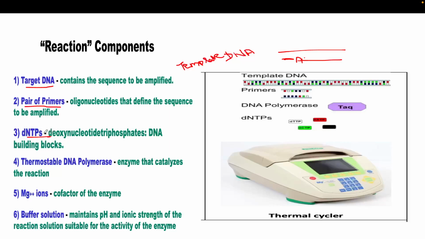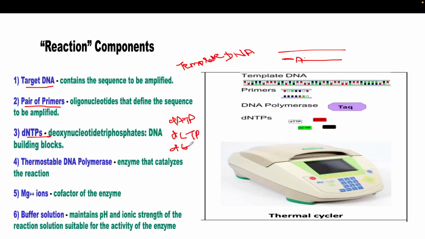That's why we require the dNTPs. They are the individual nucleotides, like dATP, then dCTP, then dGTP.